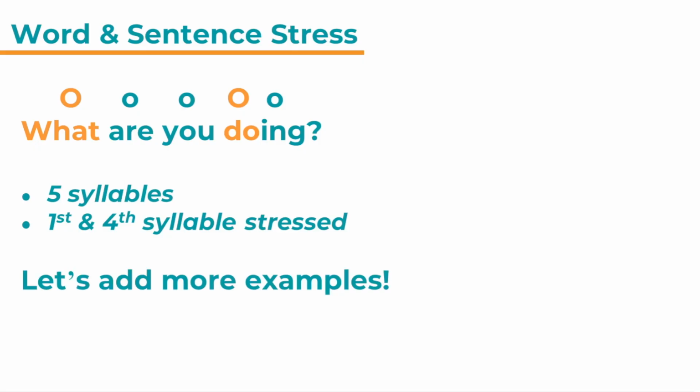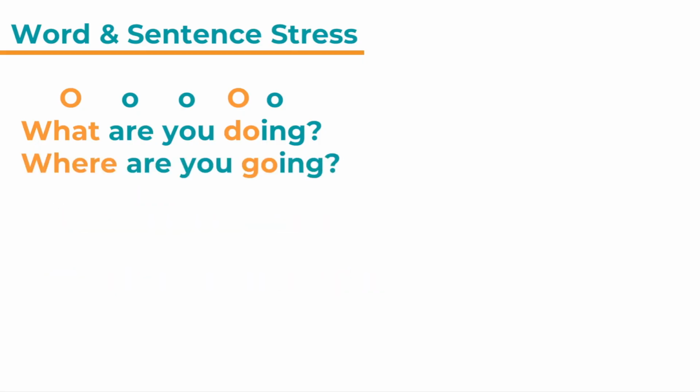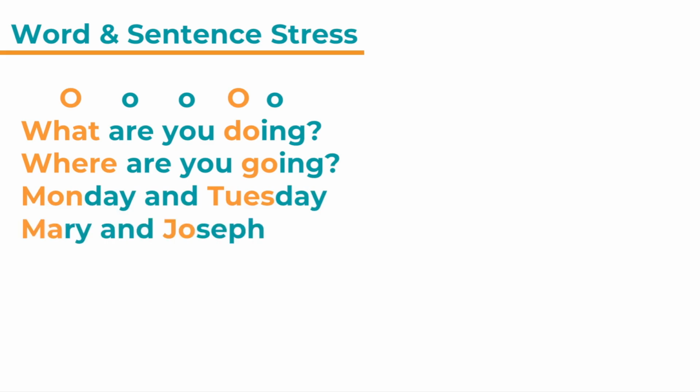Let's add some more examples. Where are you going? Exactly the same pattern, 5 syllables, and the first and the fourth are stressed. Monday and Tuesday. Mary and Joseph. 7:15.